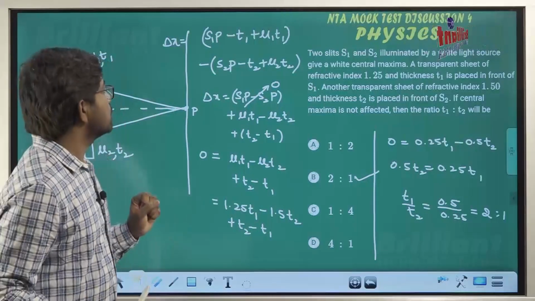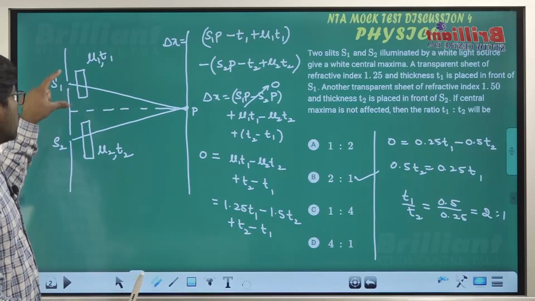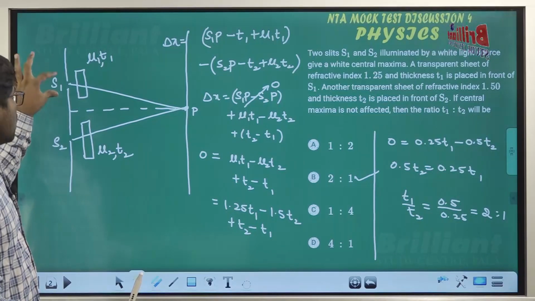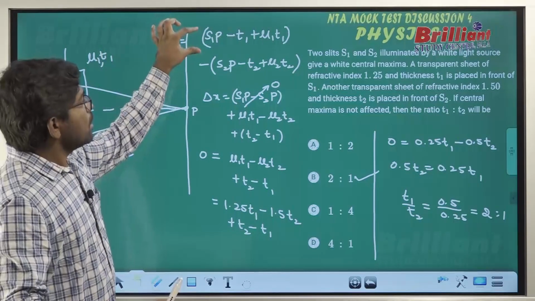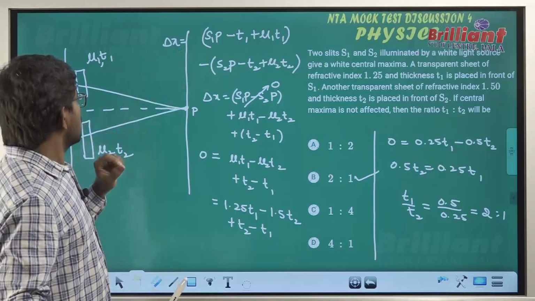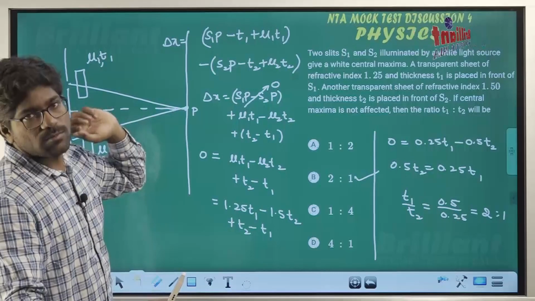So look here once again. Two slits S1, S2, when you keep any slab, the path length traveled by this will be S1p minus T1 plus nu1 T1.